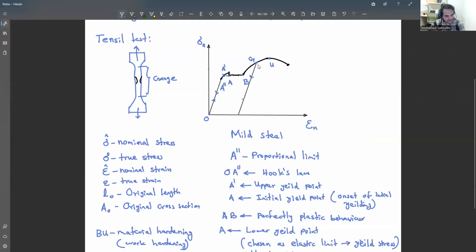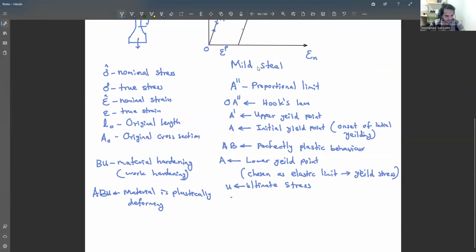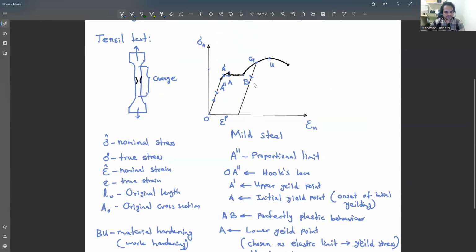So this we call permanent deformation, plastic strain or permanent strain. Now let's say your material is here. If you load the material again, it will follow this path again. If you unload at this point, again the material will come back to the same position.